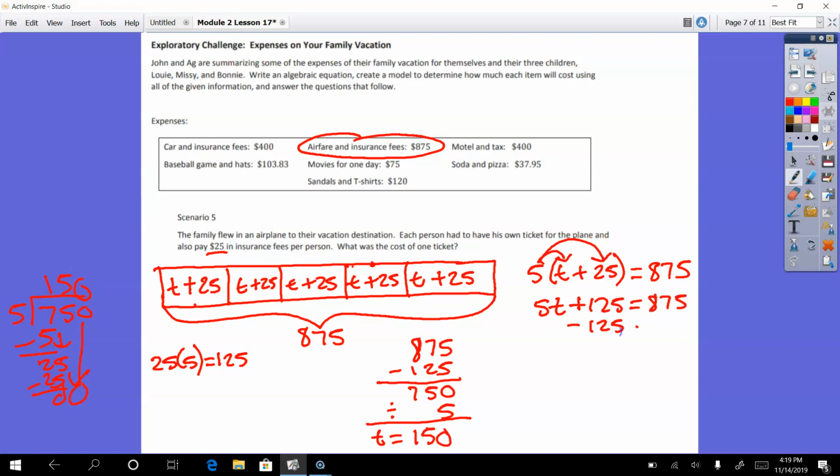Subtract that 125 and that leaves me with 5t equals 750. Multiply by the reciprocal, which is the same thing as dividing by 5. So t equals 150.